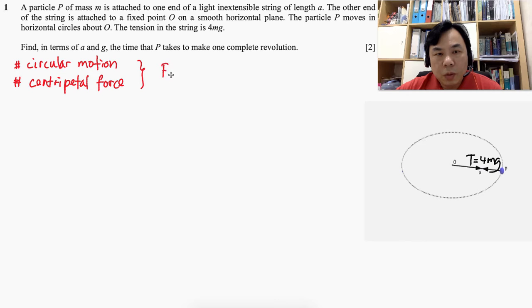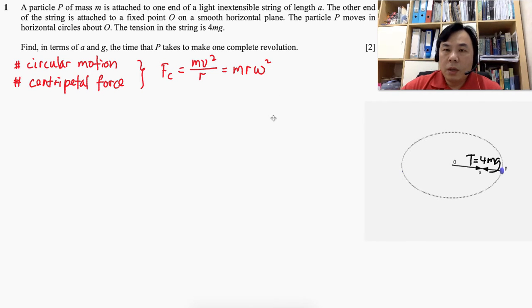Centripetal force most of the time is given by mv squared over r, the radius of the circular motion, or you could use m r omega squared, where omega is the angular frequency, angular speed, or angular velocity.